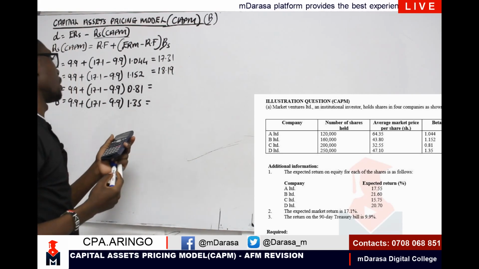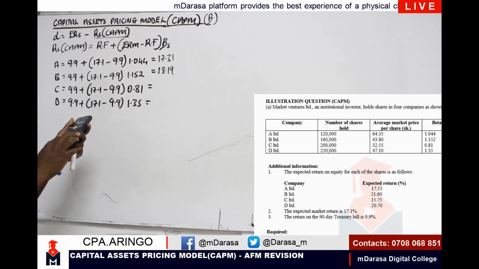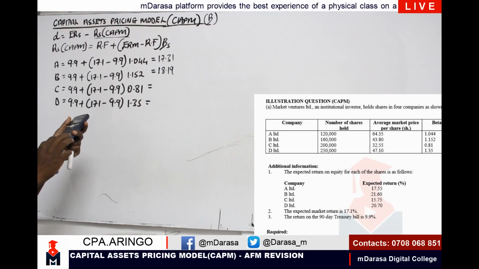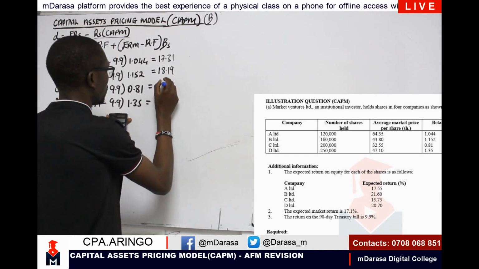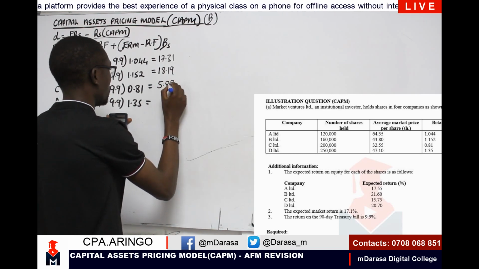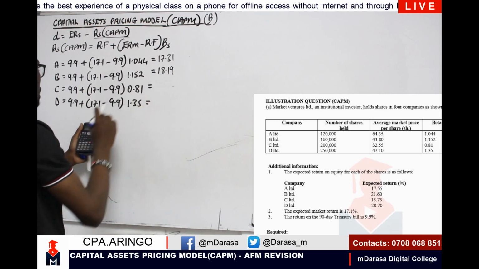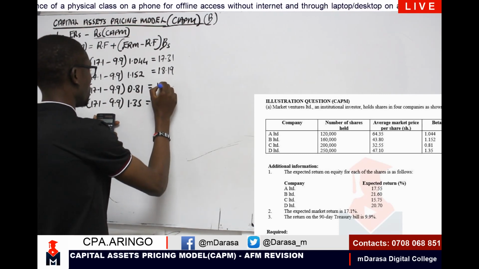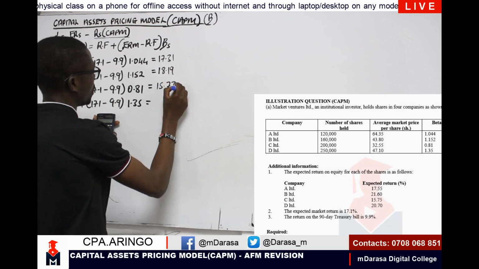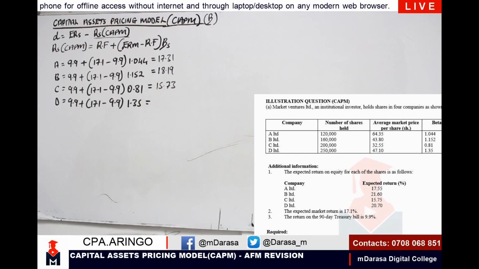The other one, 17.1 minus 9.9 times 0.81, should give us 5.83. Not 5.83, because we need to add 9.9. So I should be having here 15.73, right? Believing that that is what you're getting, the same with Mwalimu.